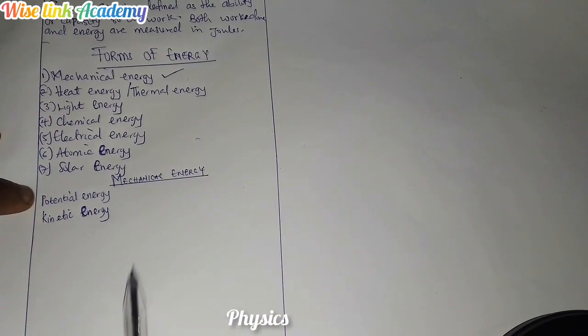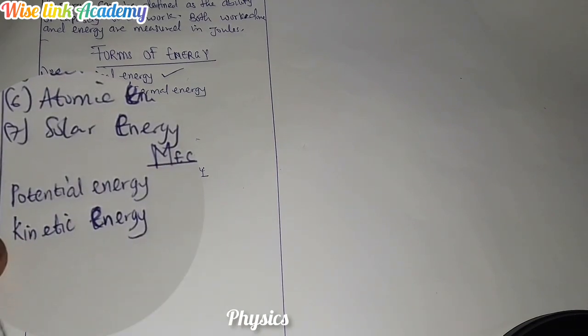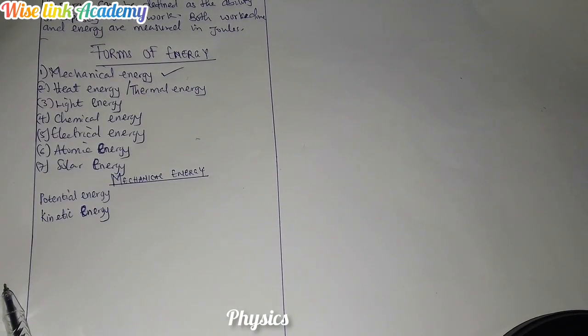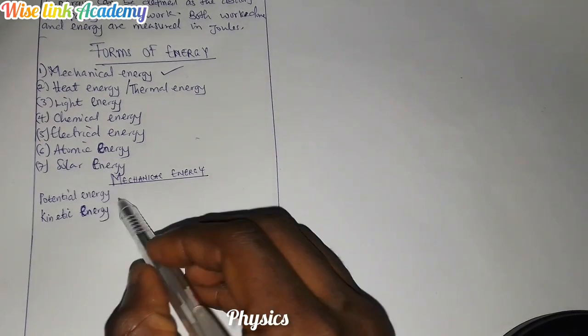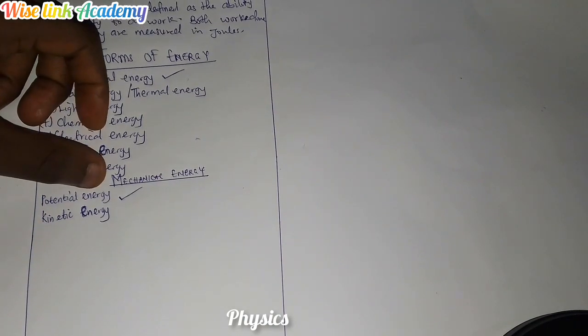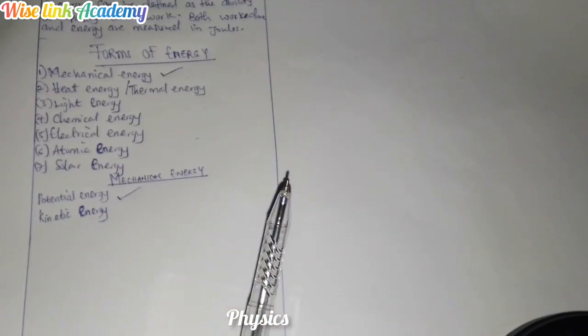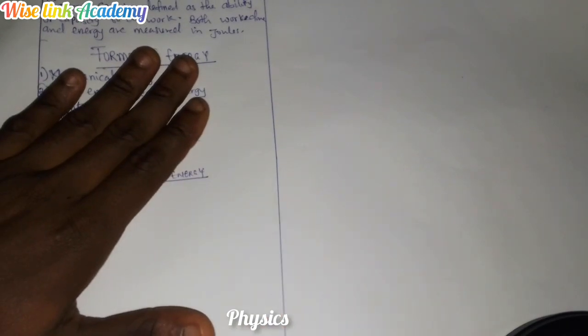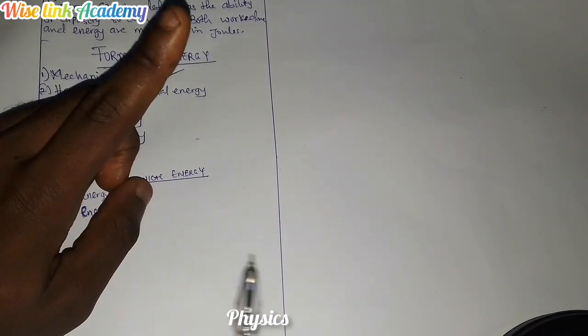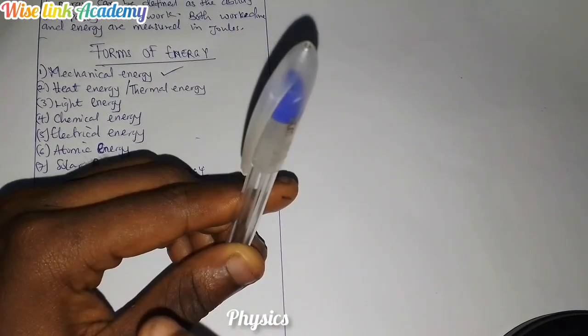So, what do they mean? Whenever you hear the word potential energy, listen to me very well, it is the energy possessed at rest. When a body is in a position, for instance, I am in a position, this pen is in a position, and this pen can throw a ball.